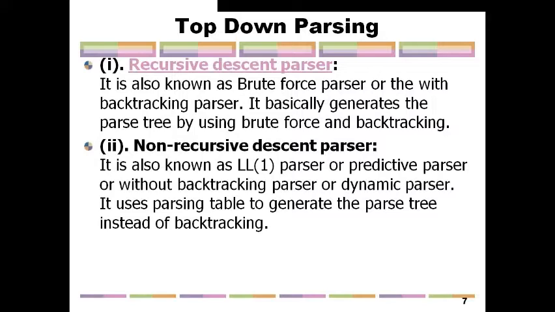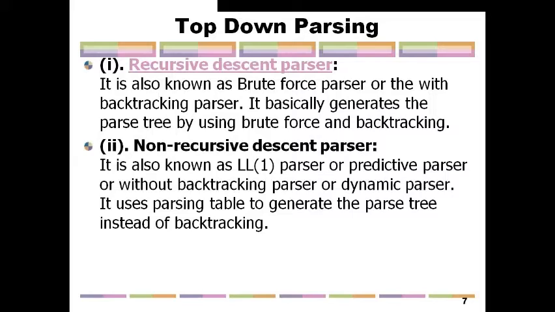so we can say this is a backtracking parser. And next, the non-recursive descent parser, we can say it is an LL(1) parser, or a predictive parser, or without backtracking, or dynamic parser. Okay, so it is used to generate the parsing table, and by using the parsing table, it generates the parser. It won't use the backtracking approach. So this is about top-down parsing.